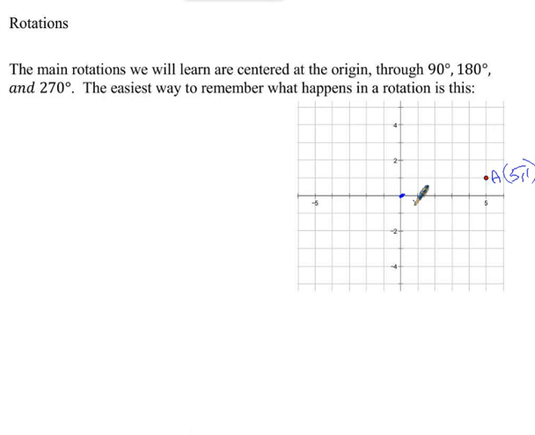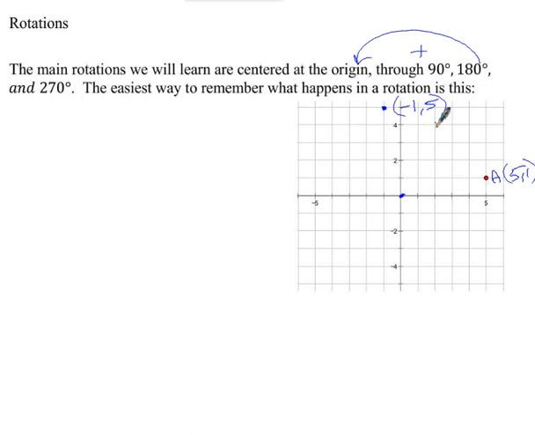If I rotate this point 90 degrees, when we rotate counterclockwise, rotate counterclockwise is positive. So if I rotate this thing 90 degrees counterclockwise, it winds up right there. What are the coordinates of that point?